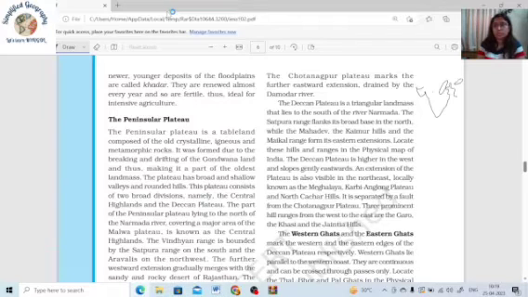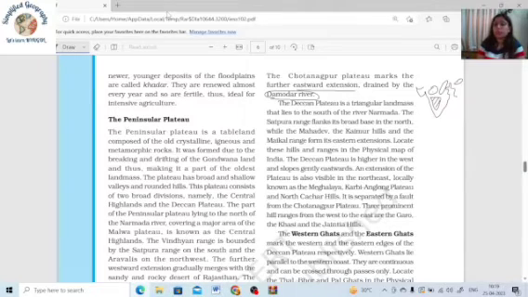Similarly here Assam Plateau, Central Highlands and Deccan Trap. So this one is Deccan Trap, Central Highland and Chotanagpur Plateau. Chotanagpur Plateau marks the further eastward extension, drained by Damodar River. So here the river name is pretty important.